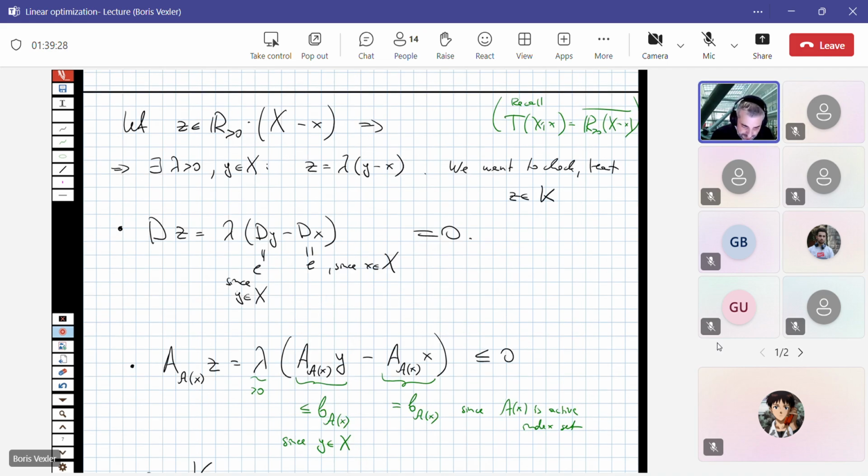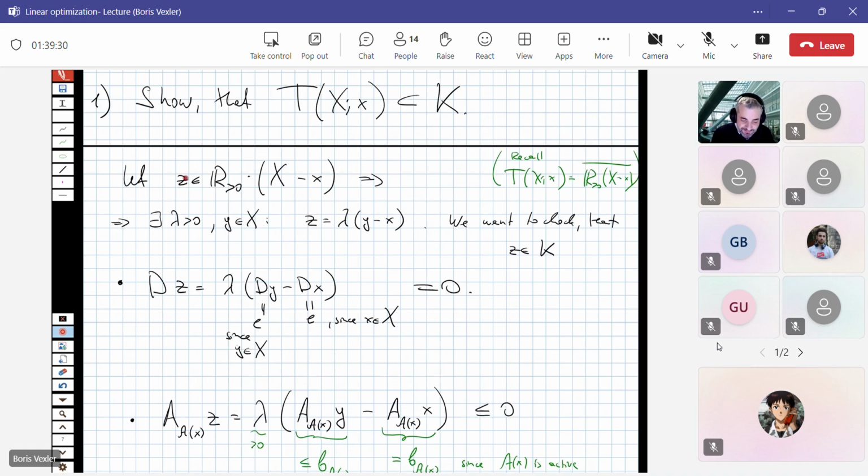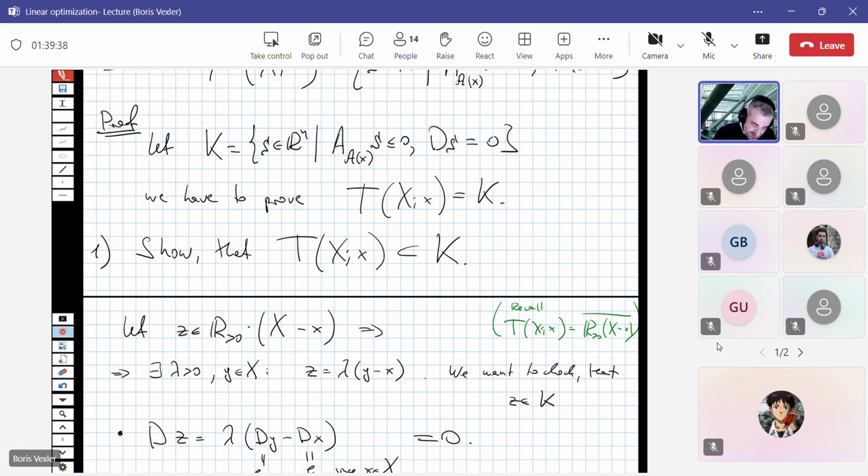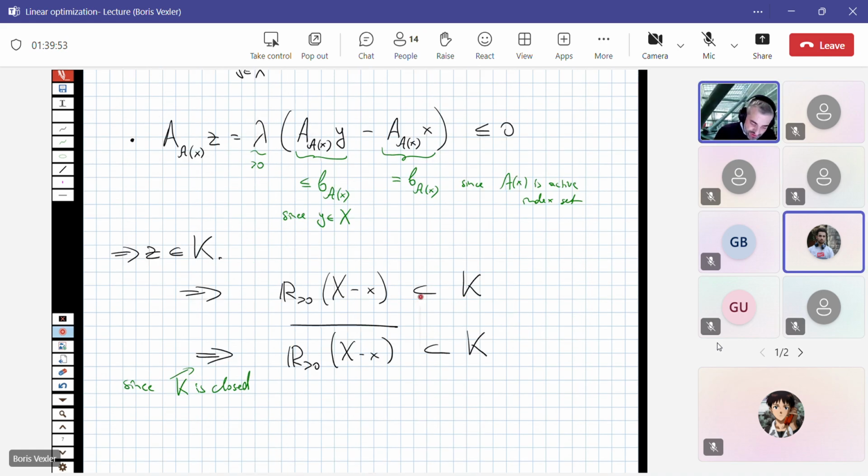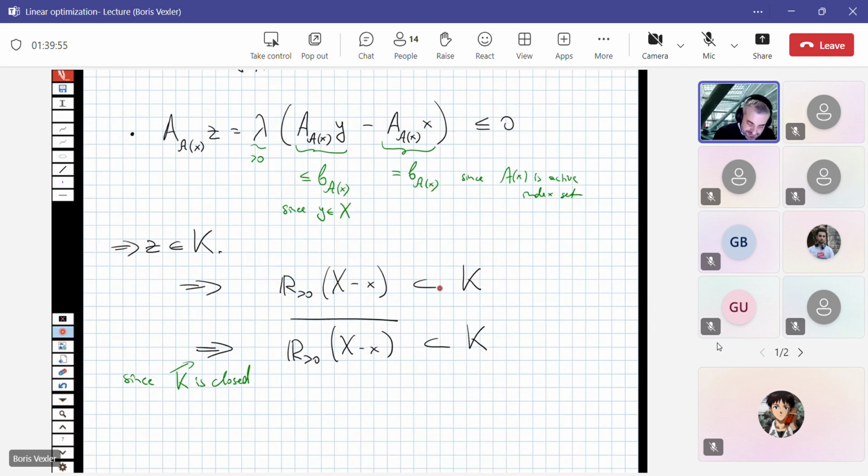Yes, this says that if z has this structure, lambda times y minus x, then z fulfills both conditions, which means that z is an element of capital K. It means we checked that every element of this set is an element of capital K. Therefore, this set is a subset of K.